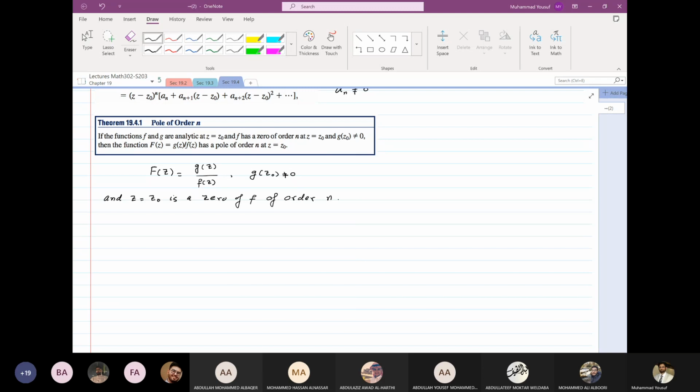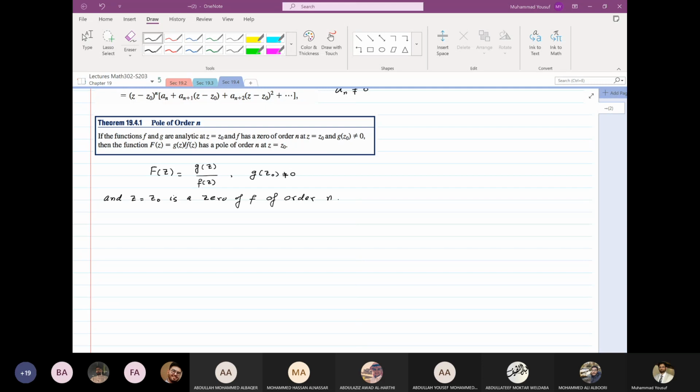And if it is a 0 of order n of small f, then it is a pole of order n of capital F. But there is one condition. Numerator function at z naught should not be 0. Otherwise, we will have 0 over 0 form.